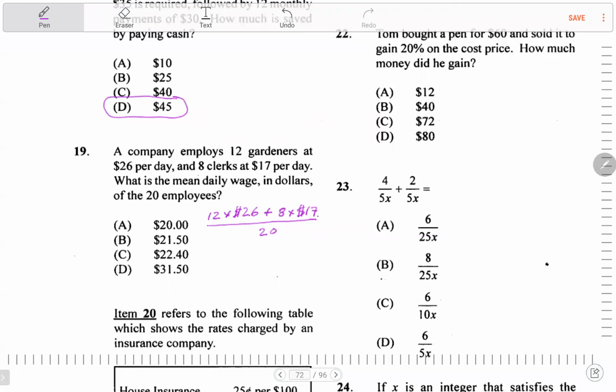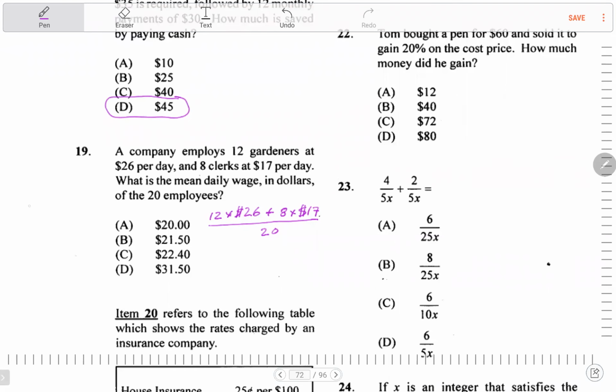All right. So 12 times 26. Let's work it out over here. It is 10 times 26 plus 2 times 26. So that's 260 plus 52. So that's 312.